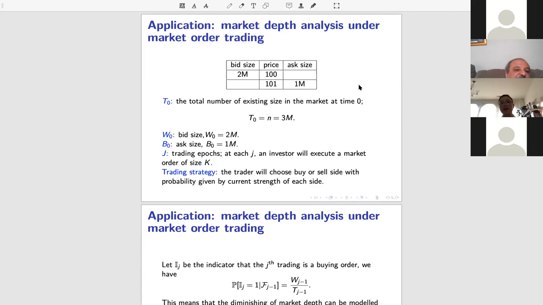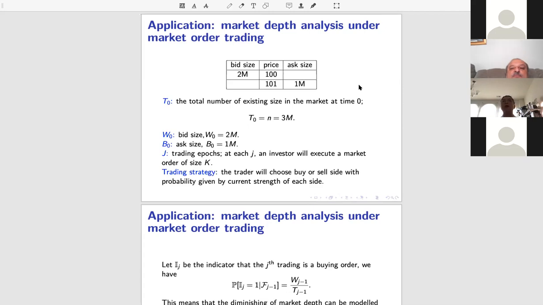So an investor comes in, and for example, for this data, the buying versus the selling is 2 to 1. So the trader will have probability 2/3 to be on the bid side, because the investor thinks that the bidding side has more strength, more power.